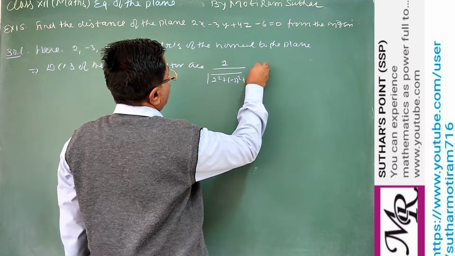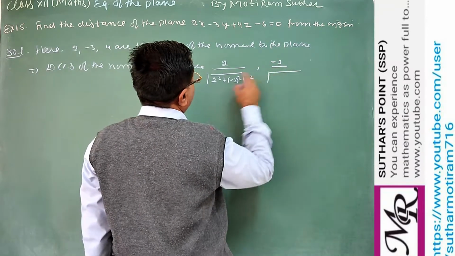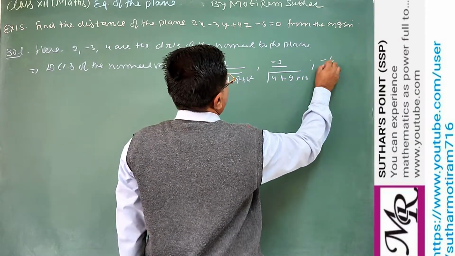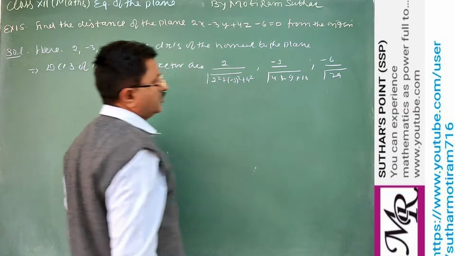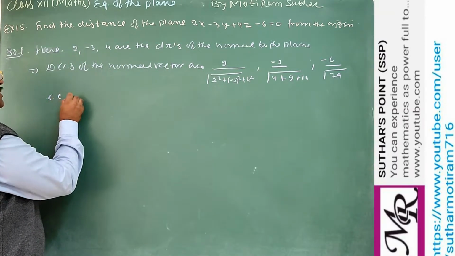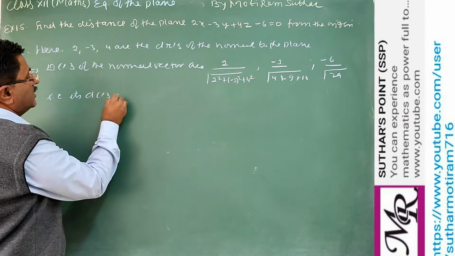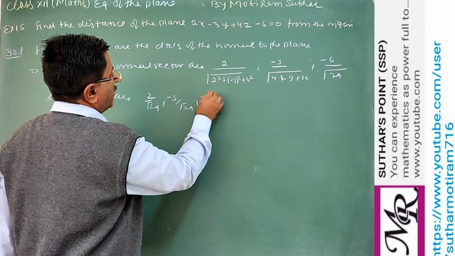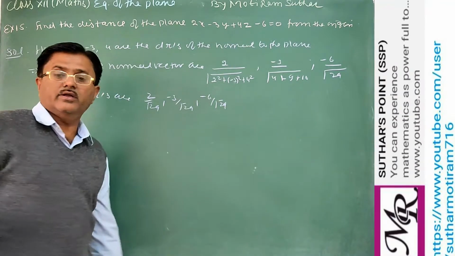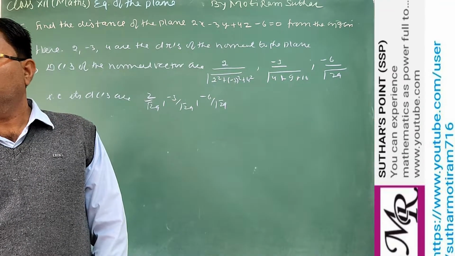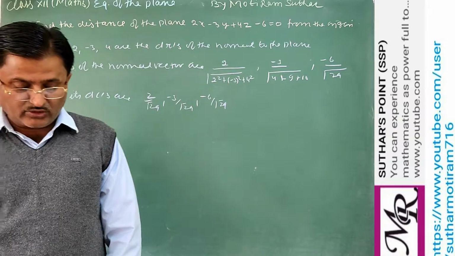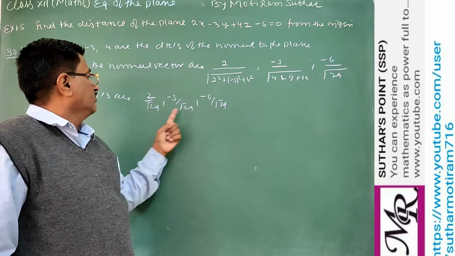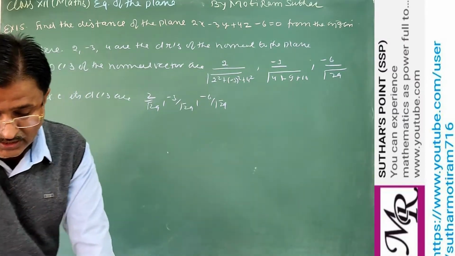We have already seen this formula in vectors. So 2 upon root of 4 plus 9 plus 16, that is root 29. Its direction cosines are 2 upon root 29, minus 3 upon root 29, and 4 upon root 29. These are the direction cosines of the normal vector. It means to convert this into a unit vector, you have to divide by root 29.